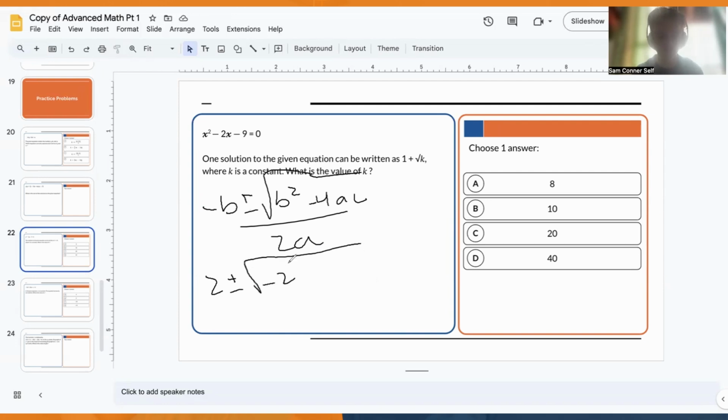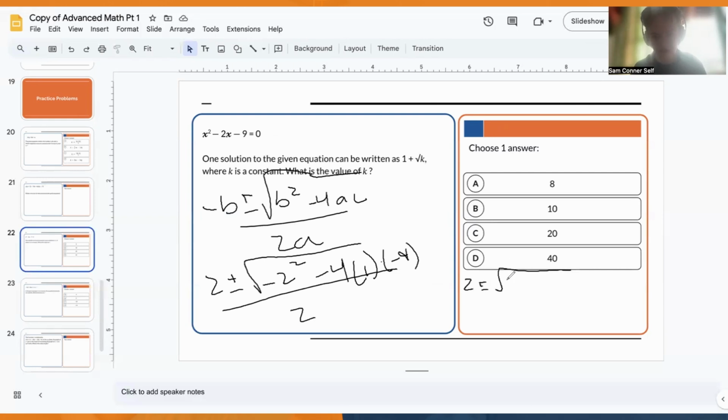So it's -2 squared minus 4 times 1 times -9, all over 2. Right, and then this is going to be 2 plus or minus the square root of 4 plus 36.